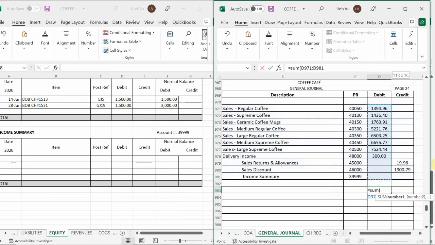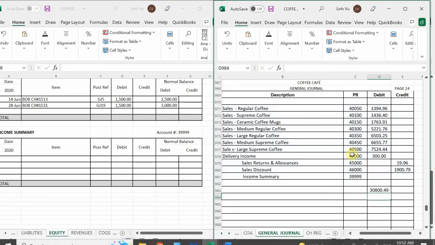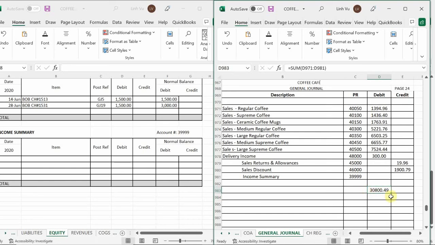So equal debits. Okay, I have $30,849, and I have 19.20 and 75 cents. So in this case, I need to figure out what 30,849 minus the 19.20. Hold on, let's do that again.